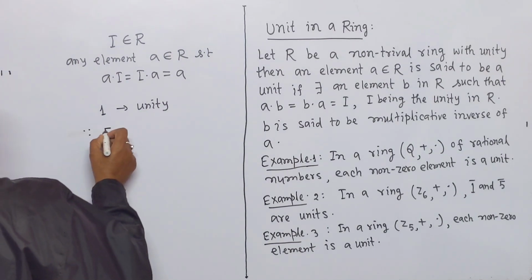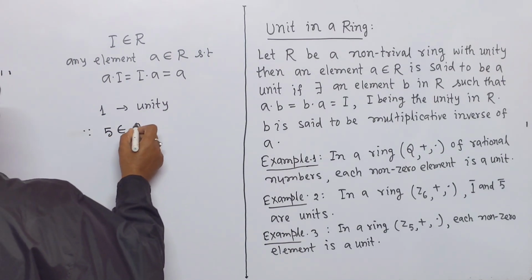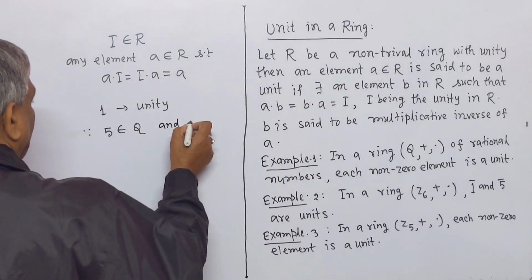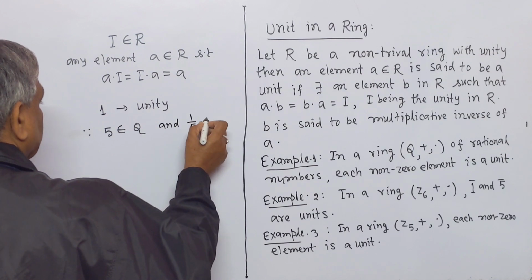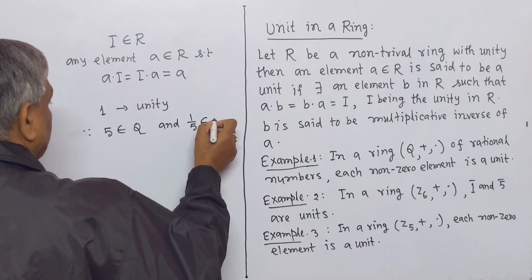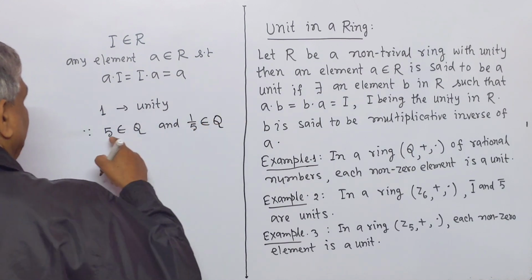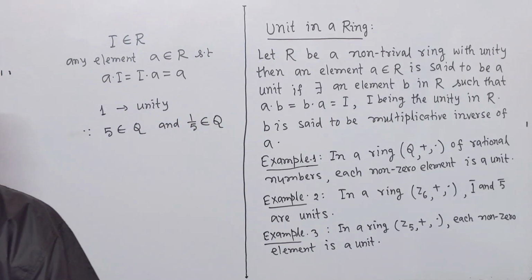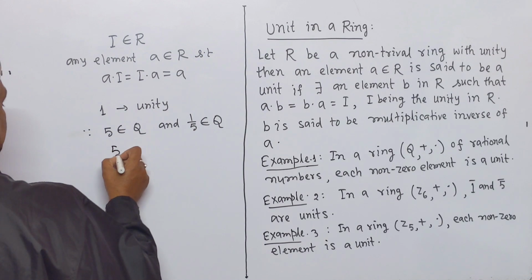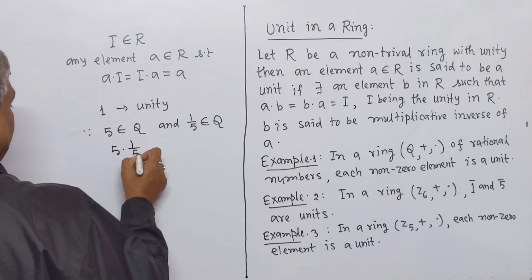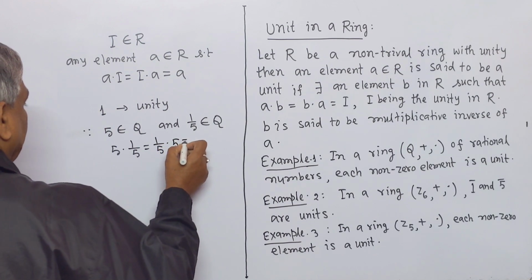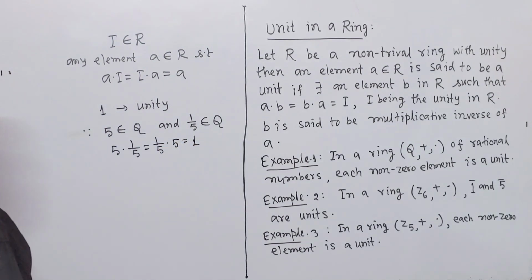Since 5 belongs to Q and 1 by 5 also belongs to Q, means 5 is a rational number and 1 by 5 is another rational number, and their multiplication 5 multiply 1 by 5 equal to 1 by 5 multiply 5 equal to 1.